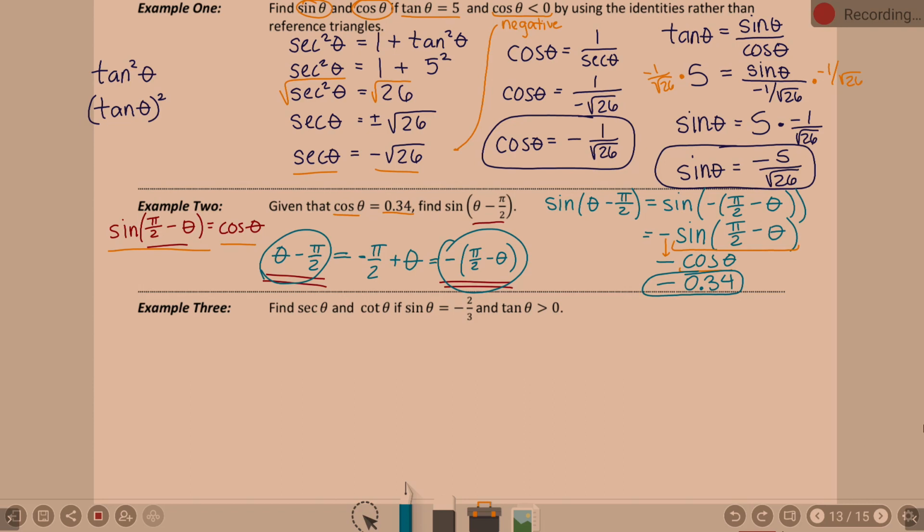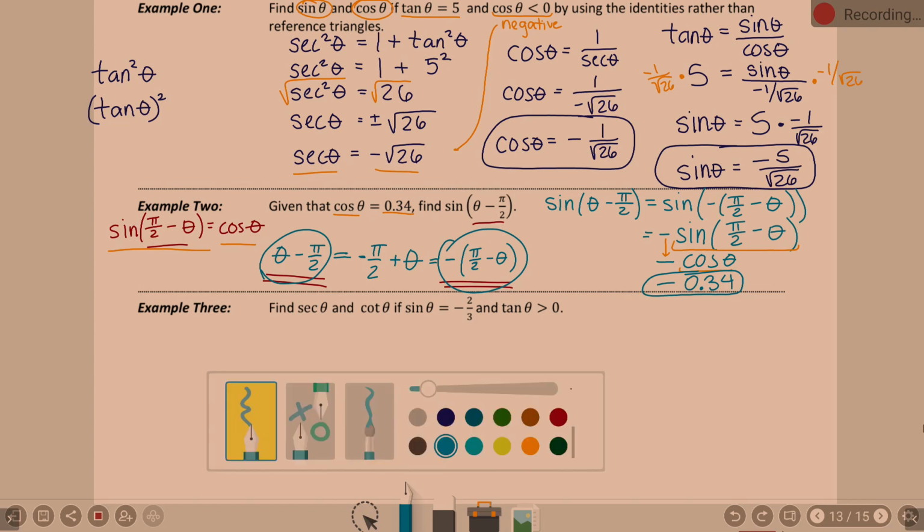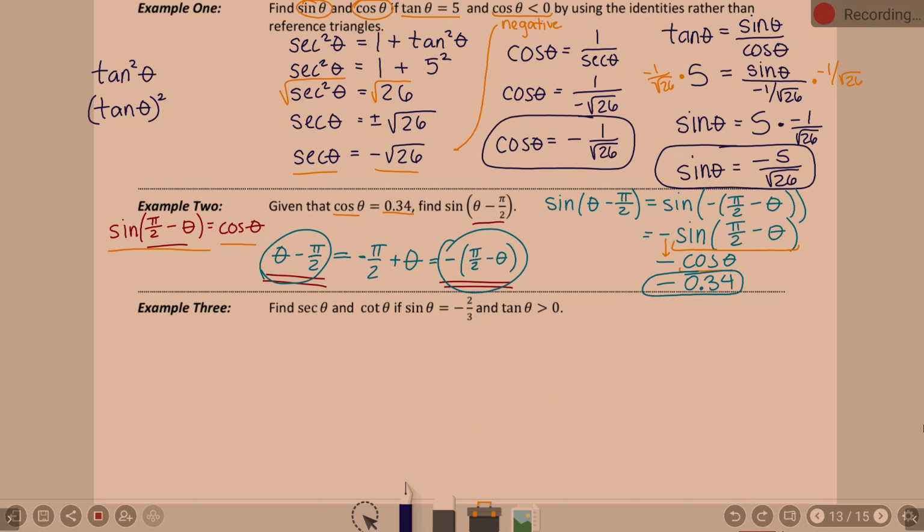They're both good. They both get us places. I think I'm going to go the way of the cosecant cotangent way. In all honesty, if you feel confident enough, you could try it and go the other way. So if I go the way of the reciprocal, we know that cosecant is the reciprocal of sine, yes?